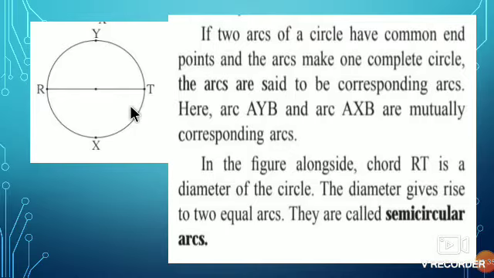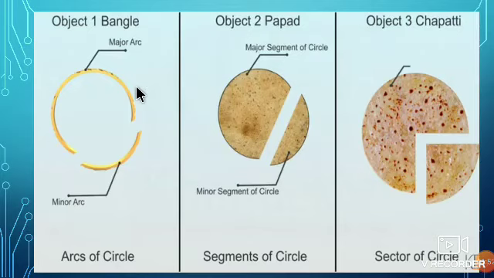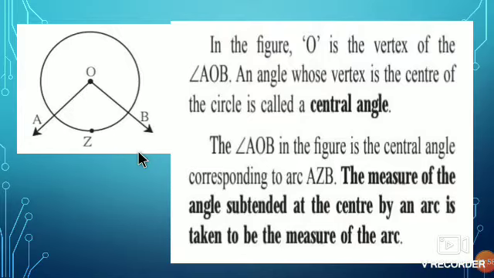In the figure alongside, chord RT is the diameter of the circle and it divides the circle into two equal parts. So we get two semicircles, and this arc is also called a semicircular arc. So this is the major arc and this is the minor arc.